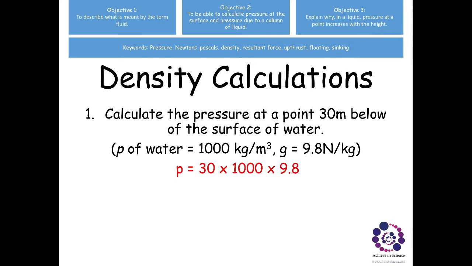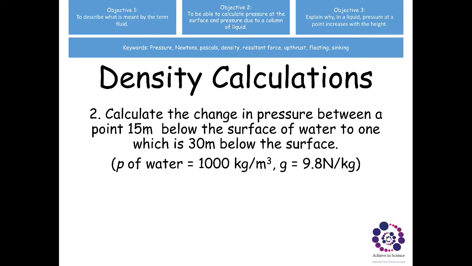If we plug all those numbers in, we can work out pressure equals 30, the height, times by the density, 1,000, times by the gravitational field strength, 9.8. We can work out the pressure is 294,000 pascals. This can also be written as 294 kilopascals.